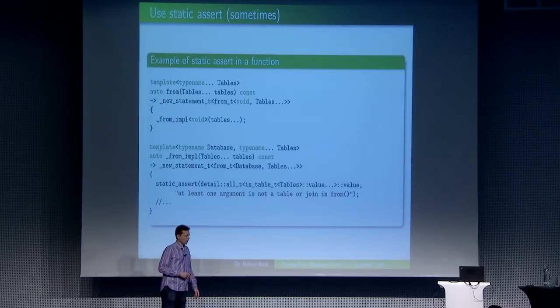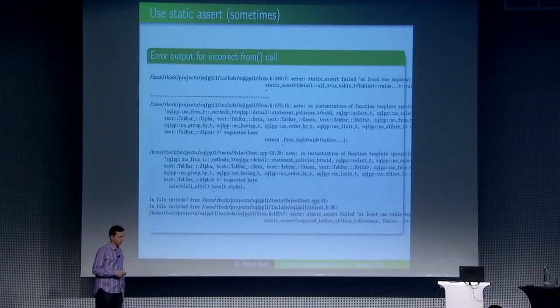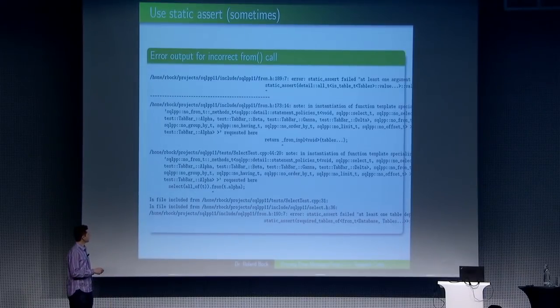Okay. Now, if the user does something stupid and uses an argument which is not a table, that is what we see down here. So select all of T from T alpha. Now T alpha, that is a column of a table, so it doesn't fulfill the requirements. That is also the message that we get, right?